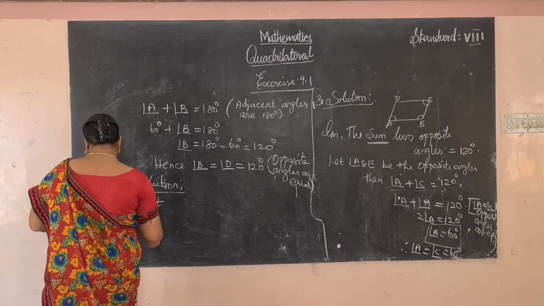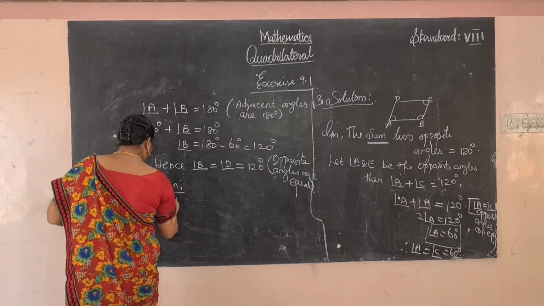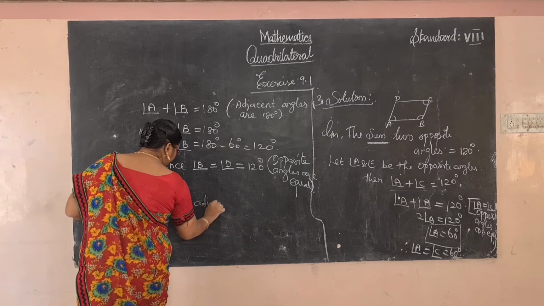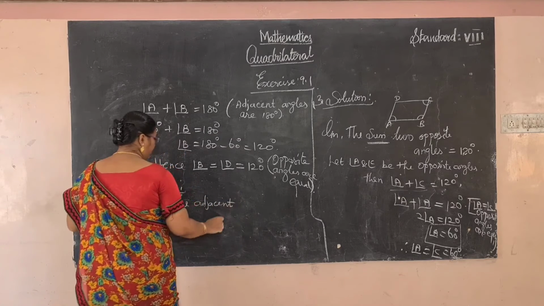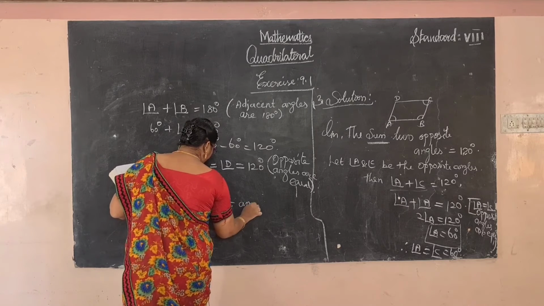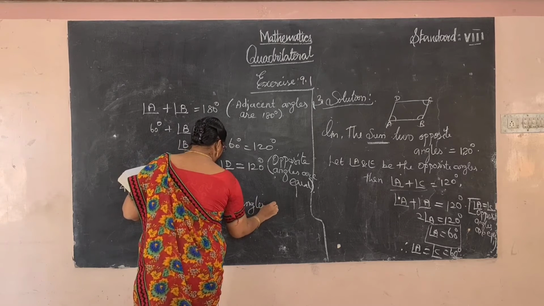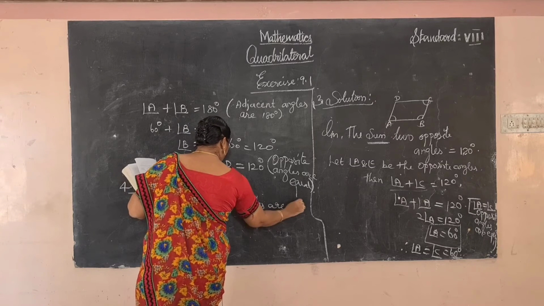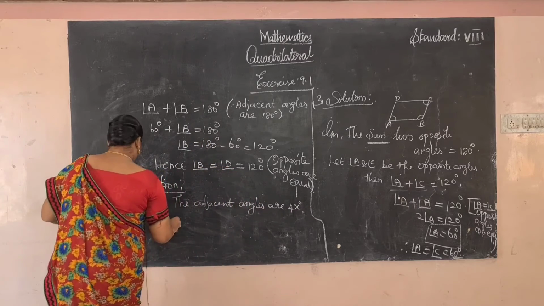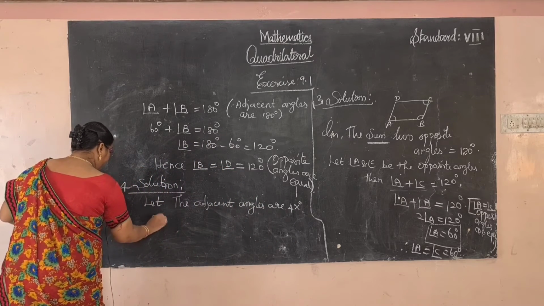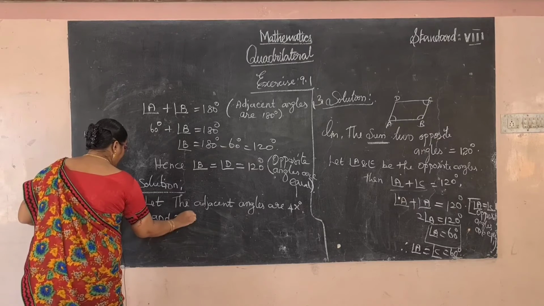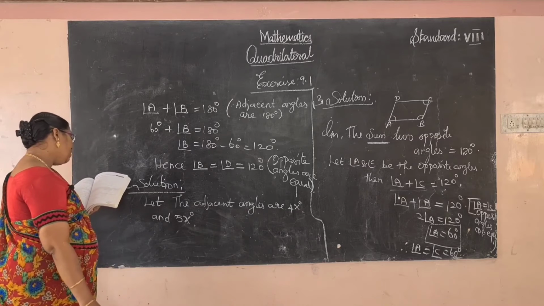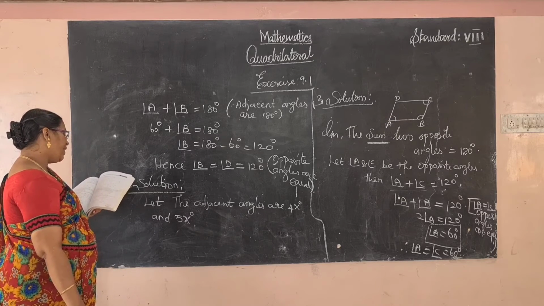Let the adjacent angles be 4x degrees and 5x degrees. Find all the angles of the parallelogram.